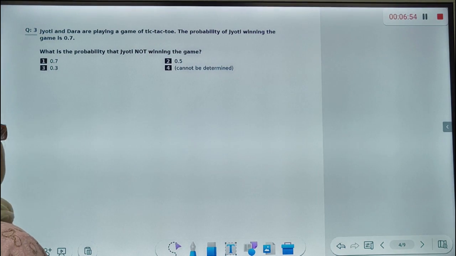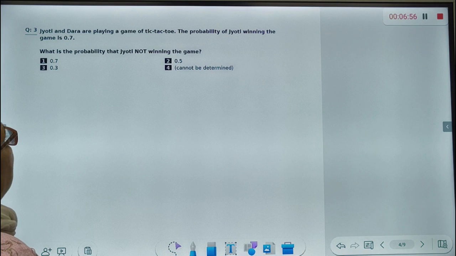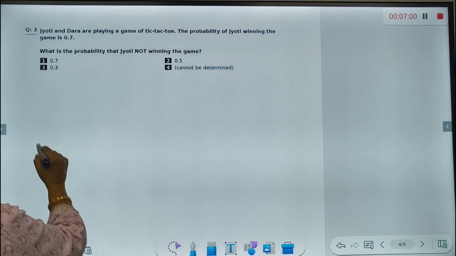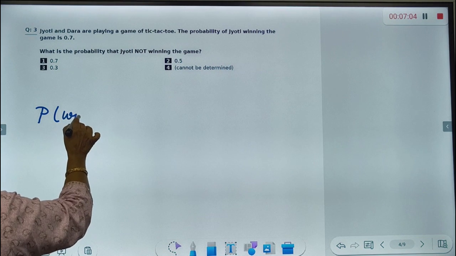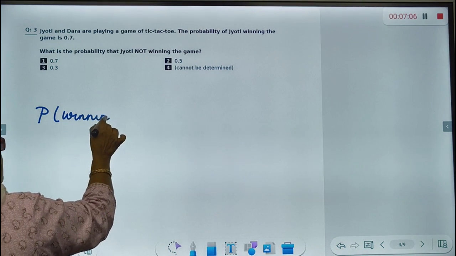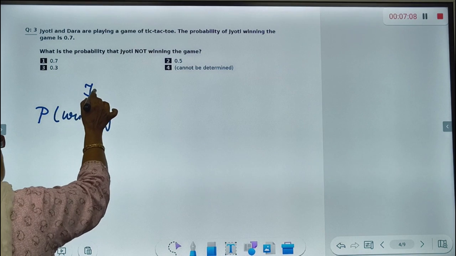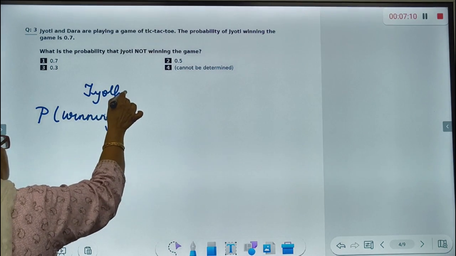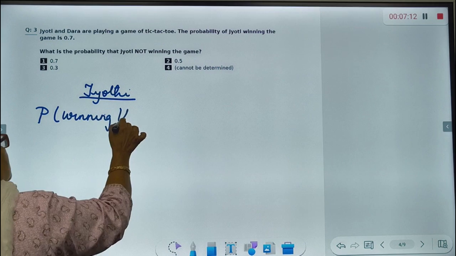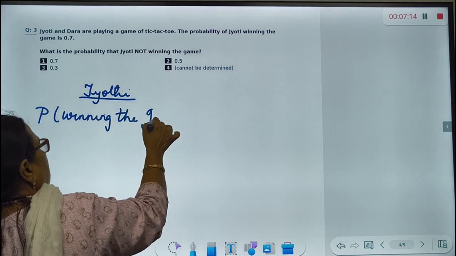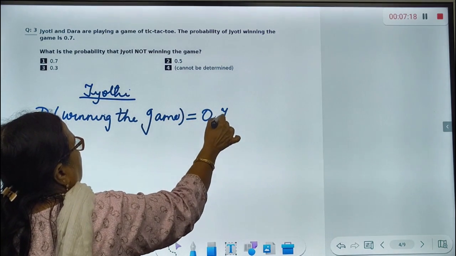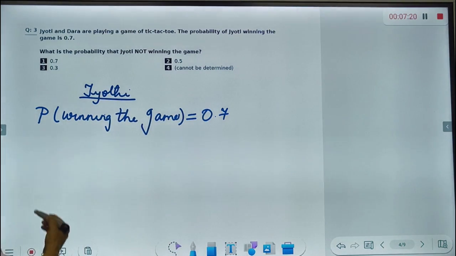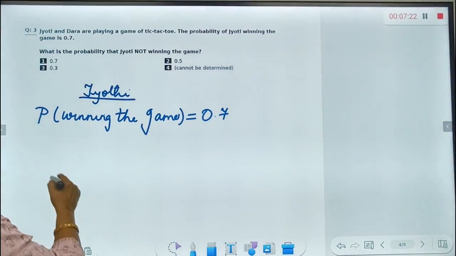Jyoti and Dara are playing a game of tic-tac-toe. The probability of Jyoti winning the game is 0.7. So probability of success is 0.7.